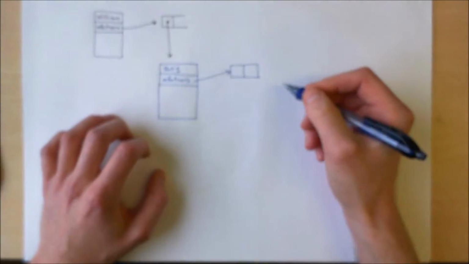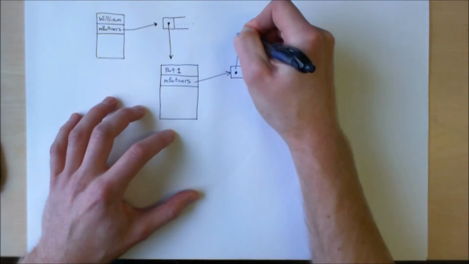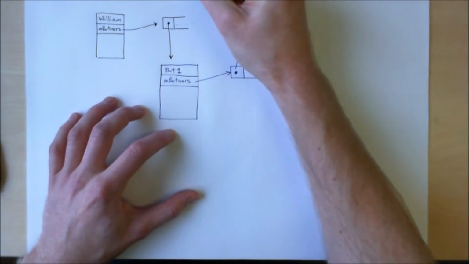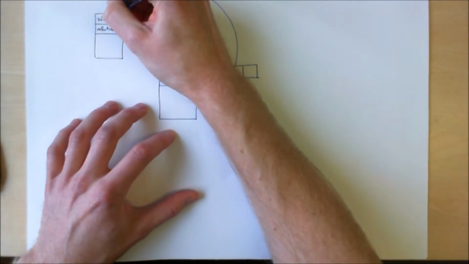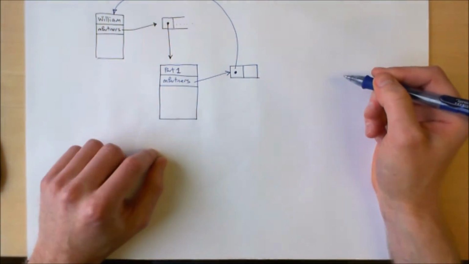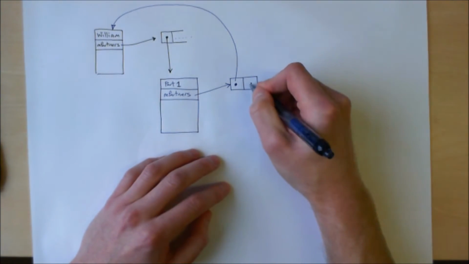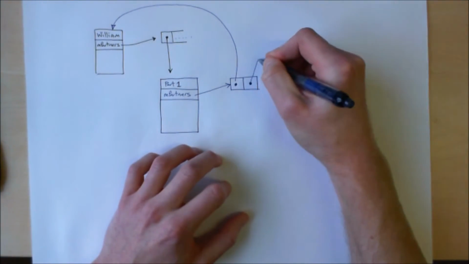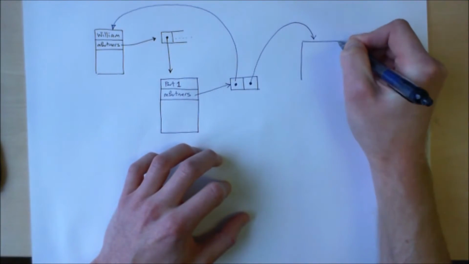So the first one is going to point back to William, because he's the first person in that partnership. The second one is going to point to Kate.